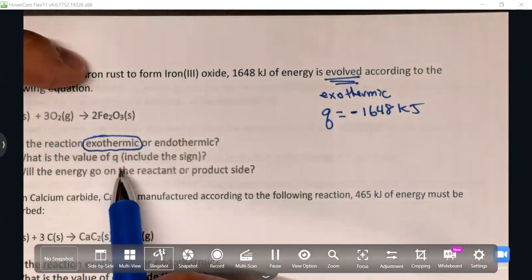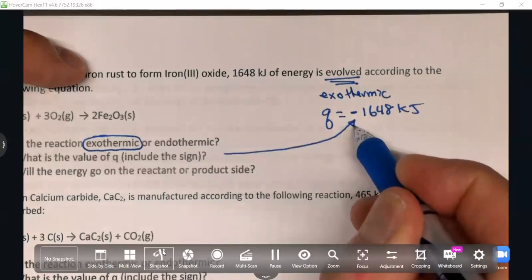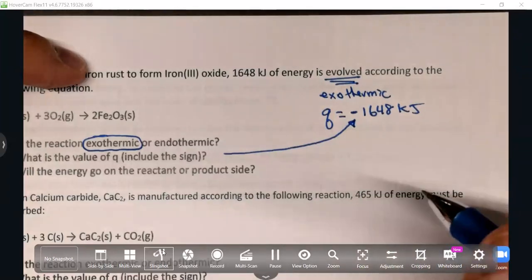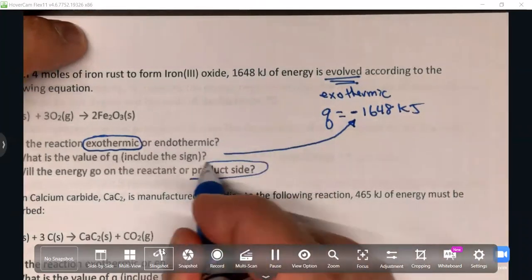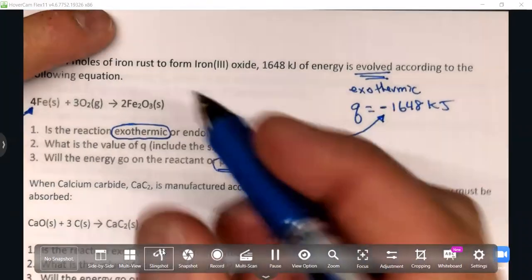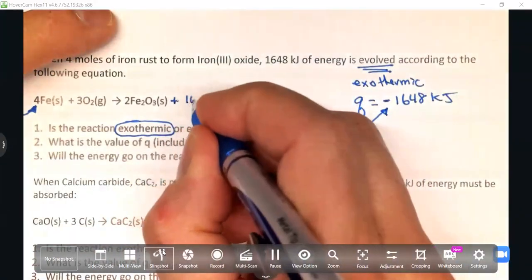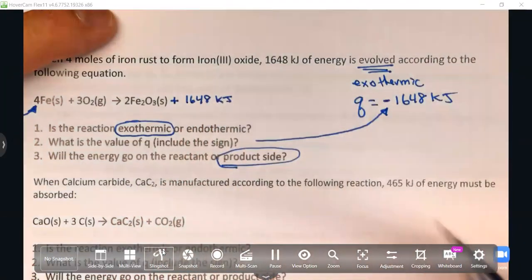What is the value of Q in the sign? Will energy go on the reactant side or the product side? And it for sure is going to be on the product side. And we could write a plus symbol in right here as 1,648 kilojoules.